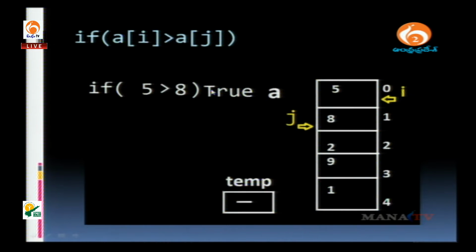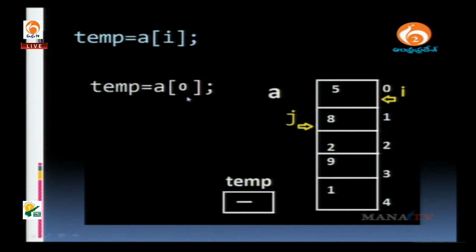Actually it is false there, but a printing mistake was made there. 5 is greater than 8 is false, and false means no need to swap. If the condition becomes true, it will be swapped.